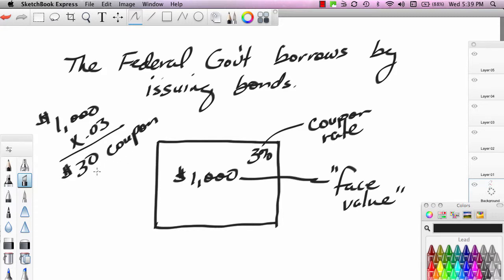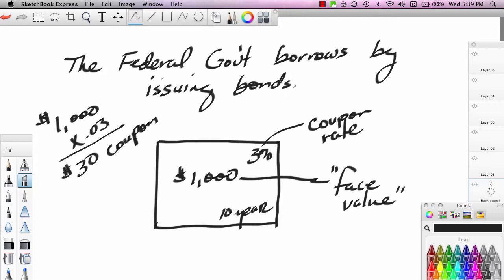So this bond will pay $30 a year for as long as the bond is active. Let's say that this bond is a 10-year bond. So the maturity date, the year we're in now is 2014, but let's say that this is a 10-year bond. This bond would mature in the year 2024.